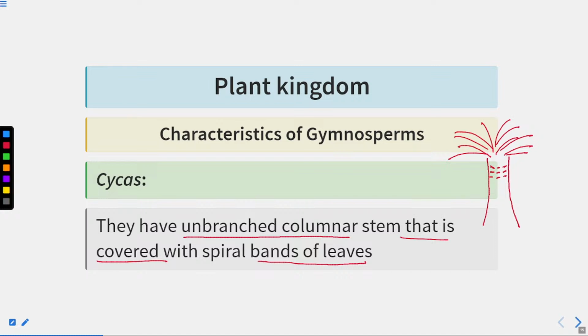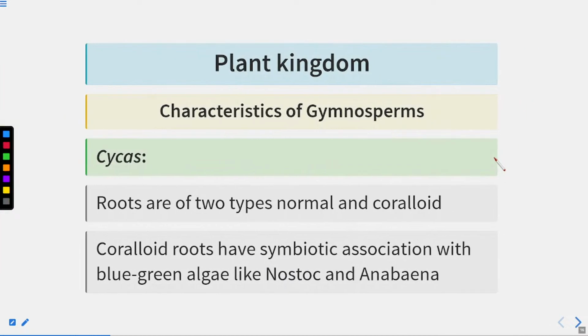These scars are for the leaves that are shed off. Like this, you can see the stem. So this is showing the unbranched columnar stem that is covered with the spiral bands of the leaves, and now the leaves are present at the top of the stem, arranged spirally.